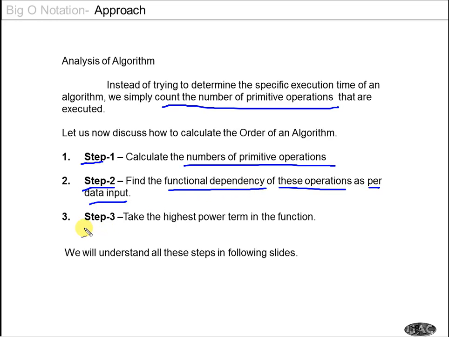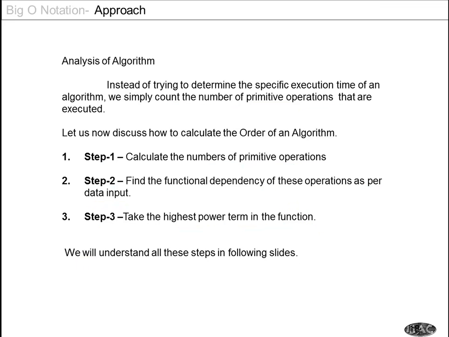And then in step 3, we take the highest power term in the function which we define. We'll understand all these steps in the following slides, so don't worry about that. We'll do it soon.